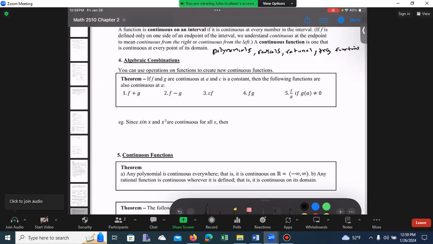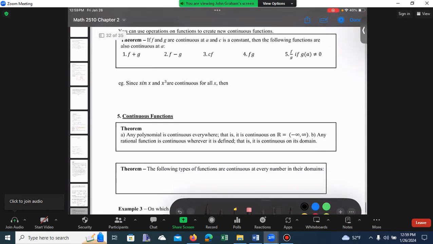F plus g will be continuous. F minus g will be continuous. C is a constant, so C times F is continuous. F times G is continuous. And F divided by G is continuous with the exception that G of A cannot equal 0.